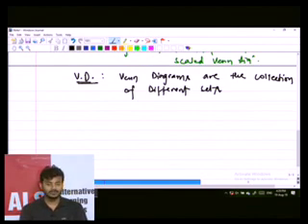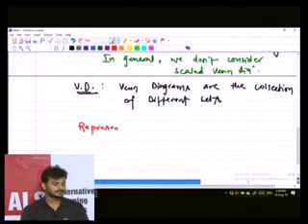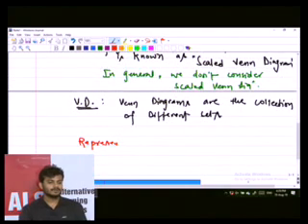Now next is the important thing, and that is representation.